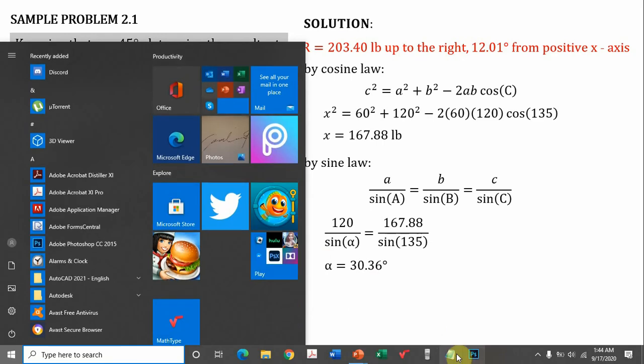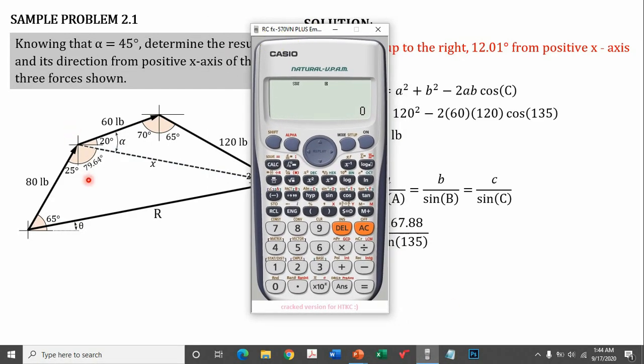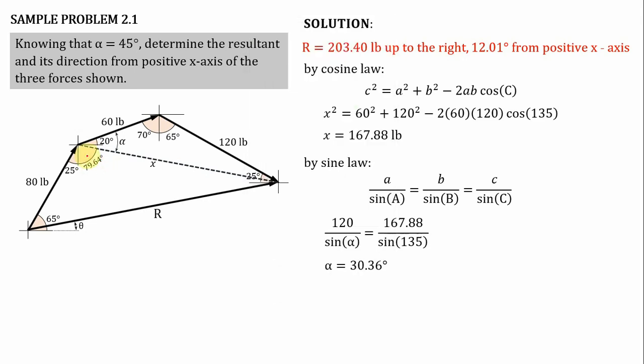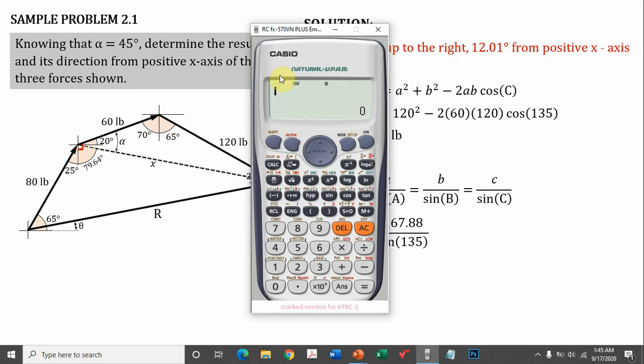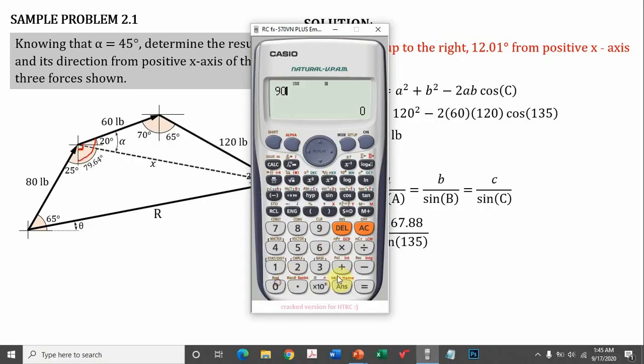Let me calculate. This angle here is 90 degrees, and this angle is equivalent to 90 plus 20 degrees, minus alpha.